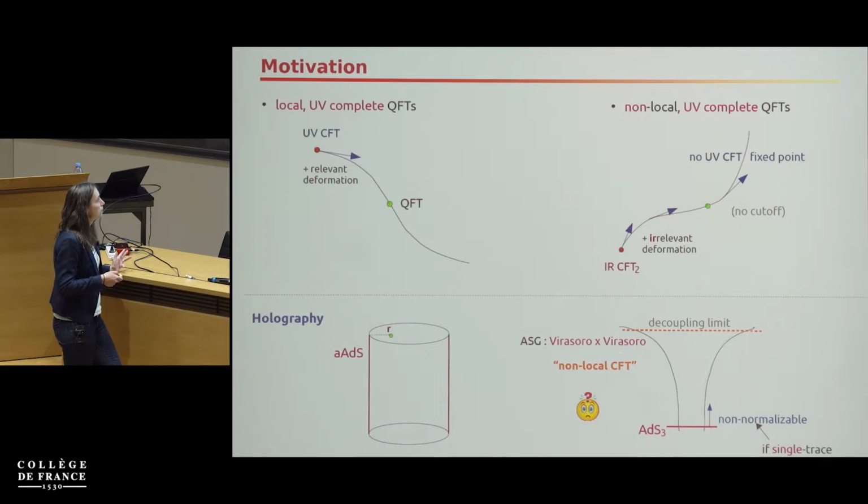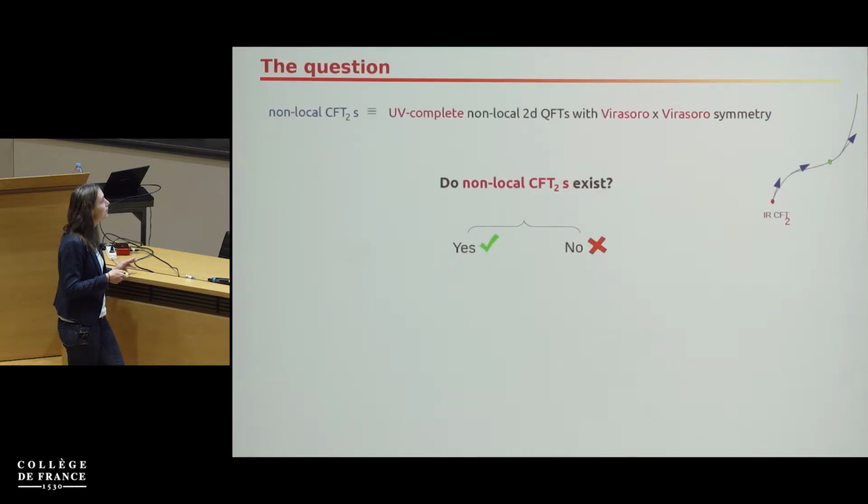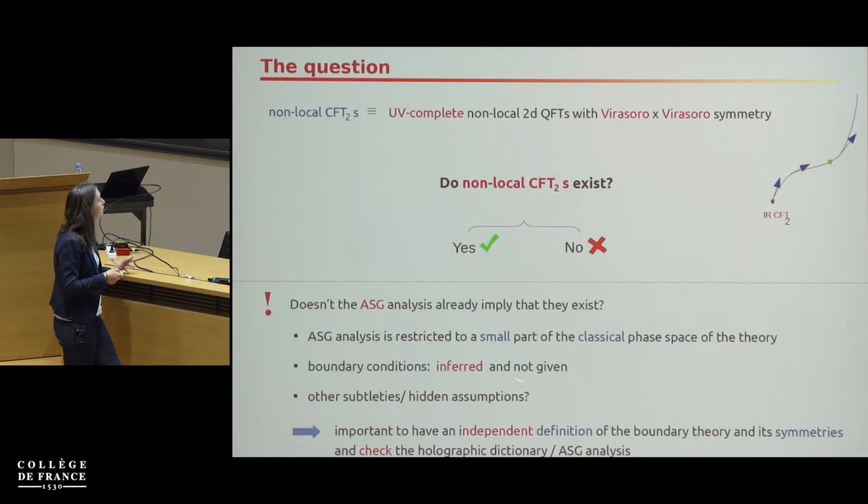But you never know whether you've exhausted the consistency conditions, right? So you have this small problem that the boundary conditions are inferred from the consistency of the asymptotic symmetry group analysis rather than being God-given. And then there could be other subtleties and hidden assumptions that we simply don't know about. We certainly make assumptions, it's a part of the formalism.